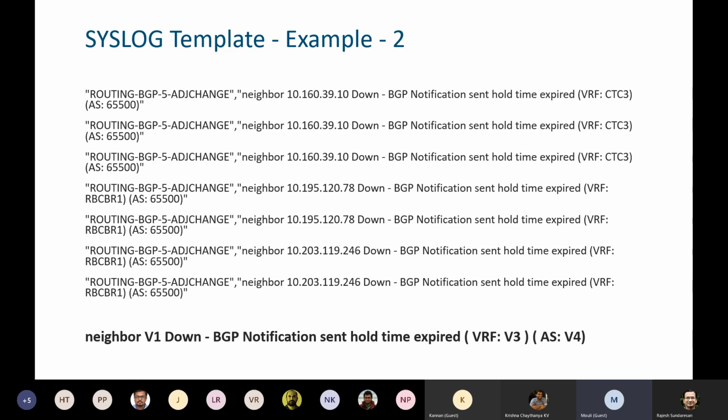And the notification sent, hold time expired, etc. So you can see the AS number is a constant, whereas the VRF is a variable. Those are also captured. So we can go to the next slide.